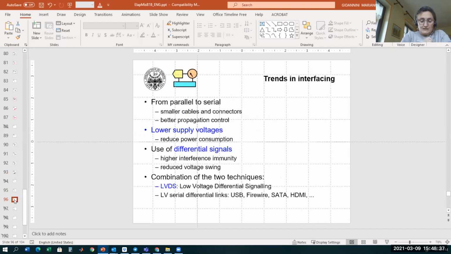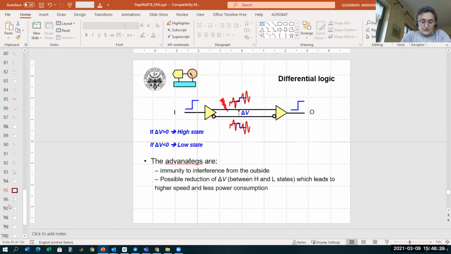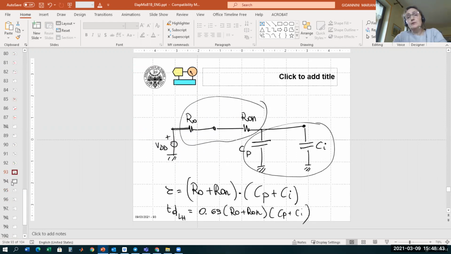Okay, we skip these slides. Another important point: to make the circuit fast, we have some tricks. Which are these tricks? As we learned today, first of all we have to reduce the delay.